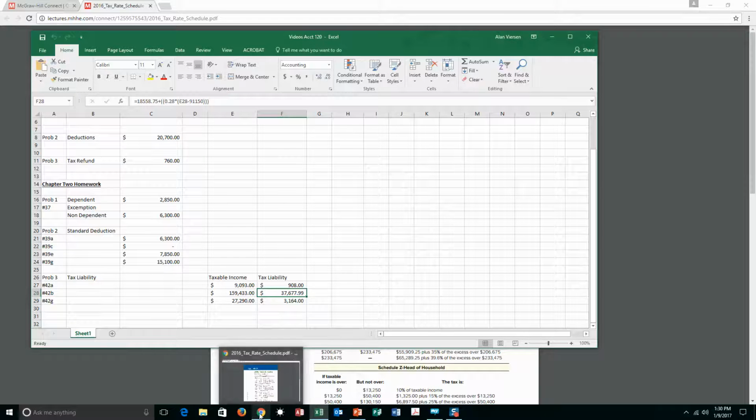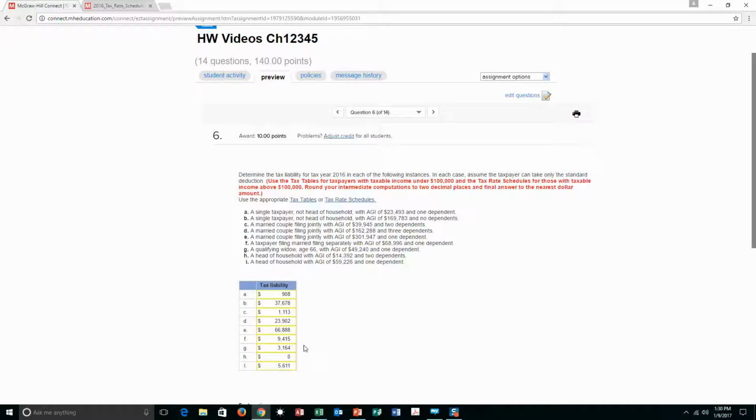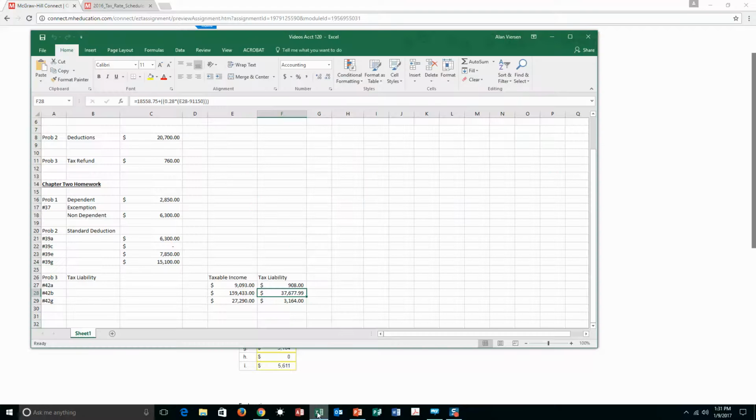All right, the last one I looked at real quickly was, I believe, G, a qualifying widow, age 66, with AGI of 49,240 and one dependent. A qualifying widower with 49,240 gets a standard deduction of 12,600.